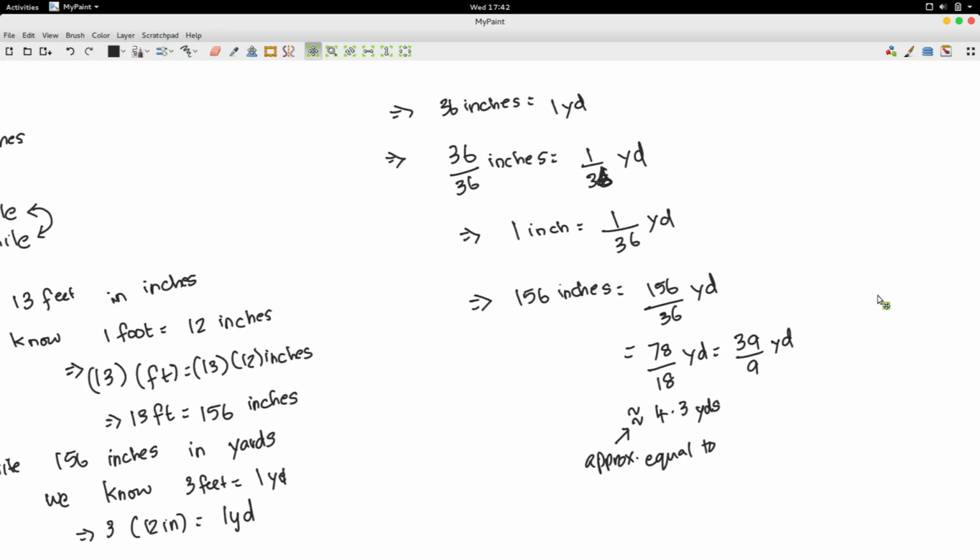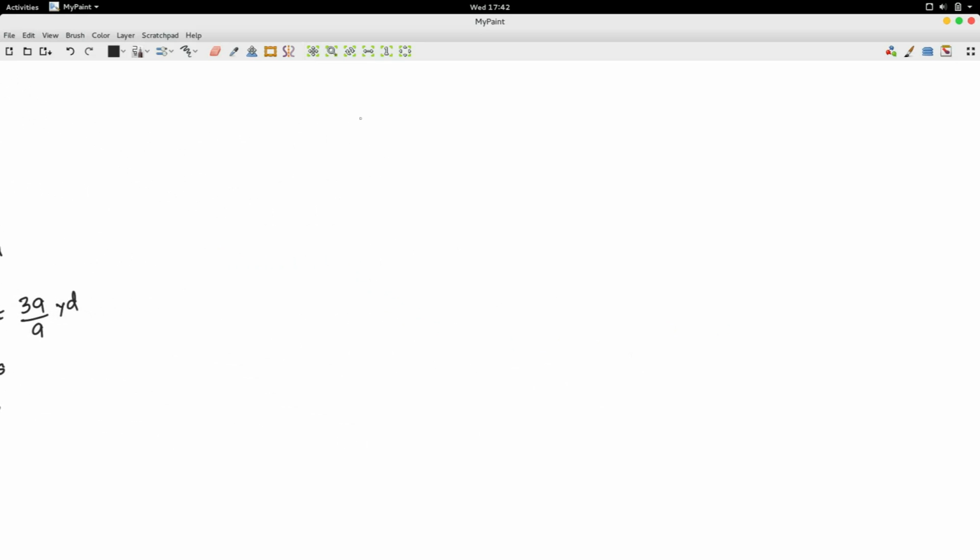Let's do one more conversion problem. Let's convert 7 miles in terms of yards. So since we move from inches to feet to yards to miles, if I have to convert miles to yards, first I have to go backwards. Miles to yards.